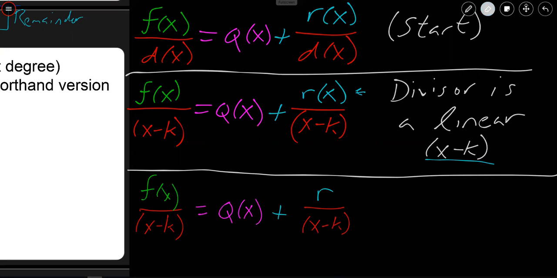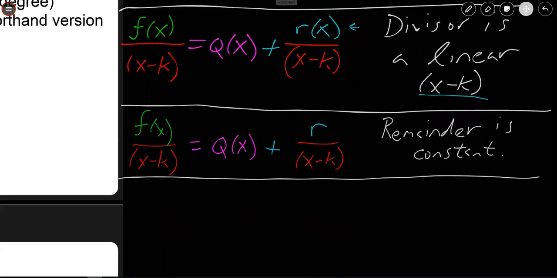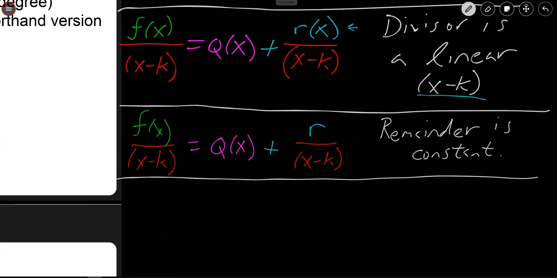So this step, I just said that remainder is constant. All right, so let's do some more work. Let's say I want to get f of x by itself. If I want to get f of x by itself, that means I'm going to have to multiply both sides of my equation by x minus k.